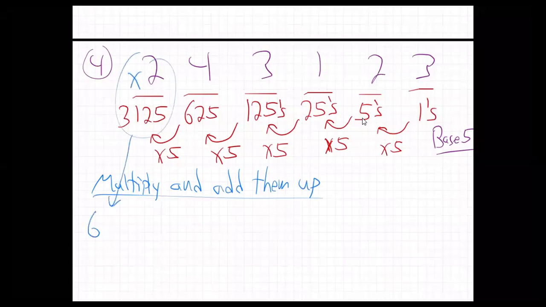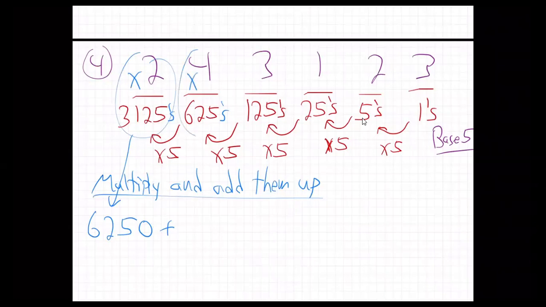That's going to be 6250, because that's 2 in the 3125's place. So that's 2 times 3125, 6250.